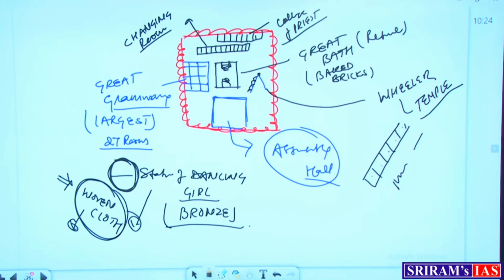They played dice, satranj, chess. We have found dice with digits 1, 2, 3, 4, 5, 6. We have the evidence of cockfighting as a popular game.